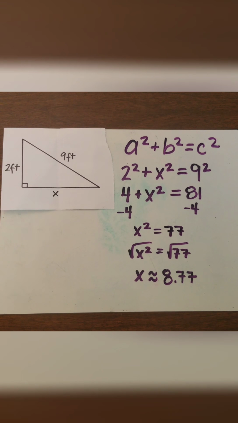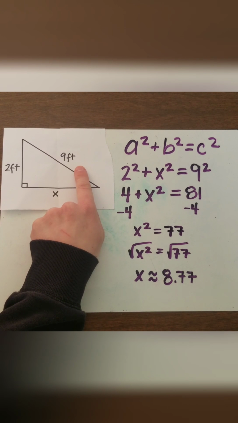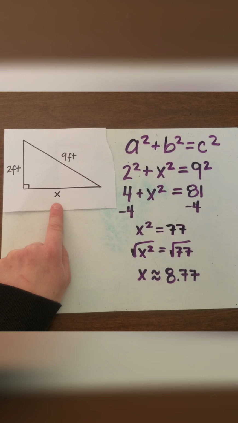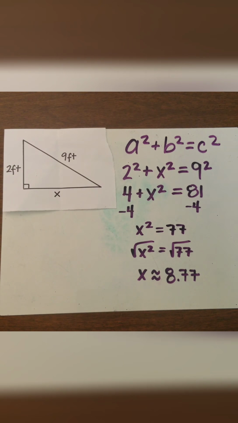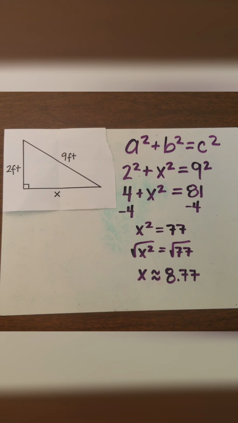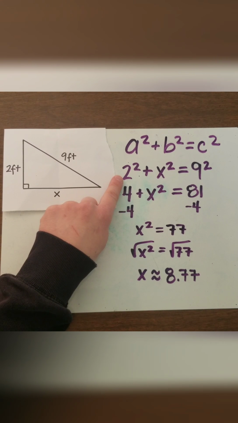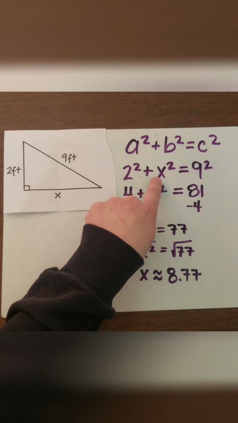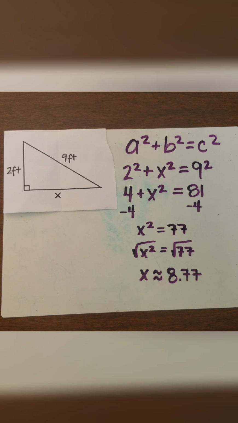This example is a little different because instead of trying to find the hypotenuse, our unknown value is one of our leg lengths, one of the other sides on our right triangle. We're going to set this up the same way by trying to substitute values for A, B, and C. We know that one side length is 2 feet, so we can substitute that in for A. X is our other side length, so we can plug that in for B to show that is the value that we are looking for.